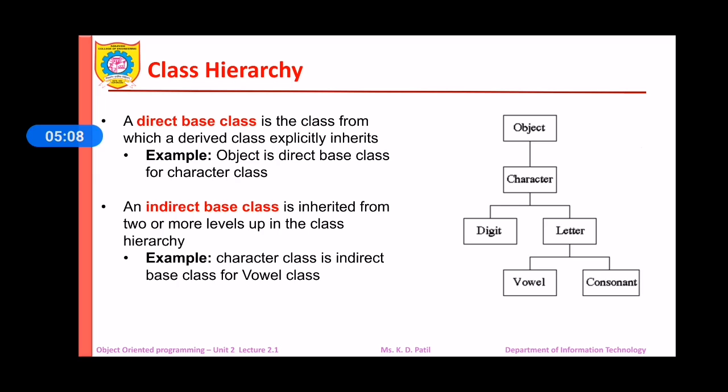Now let us see what is class hierarchy. Let me give you a simple example. You, your father and your grandfather. Your father has inherited some of the properties from your grandfather, and you may have inherited some of the properties from your father. Now, here is the hierarchy of your family, from grandfather to father, from father to you, that is son.